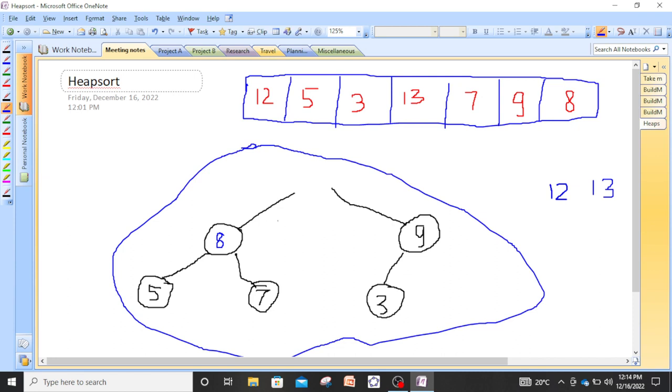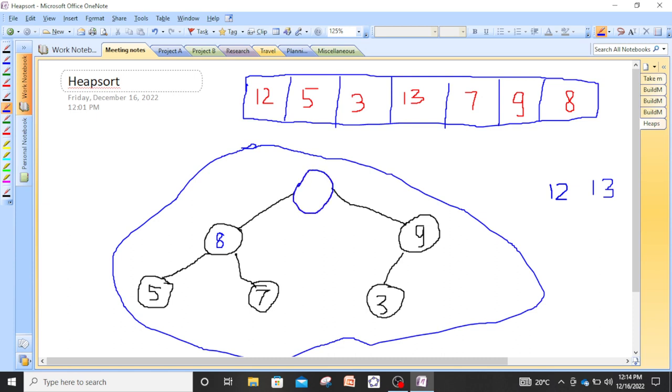Now if you see the remaining structure inside the blue enclosure, this is not a heap, because there is no root node here. So we do the same as we have done in the past.